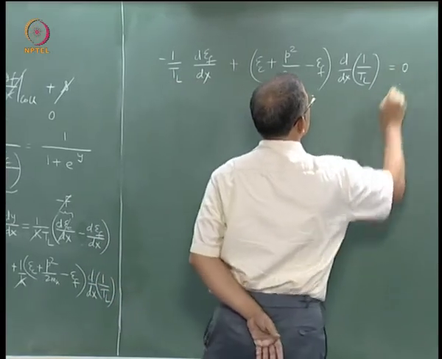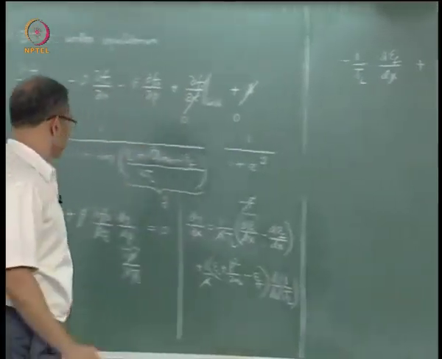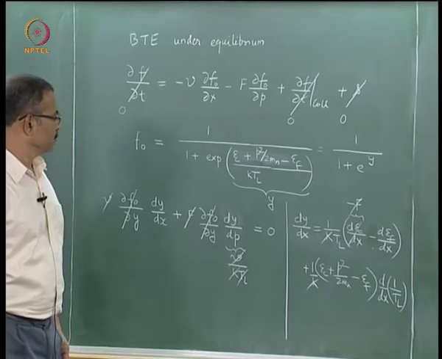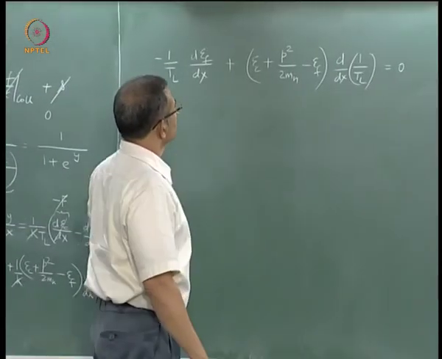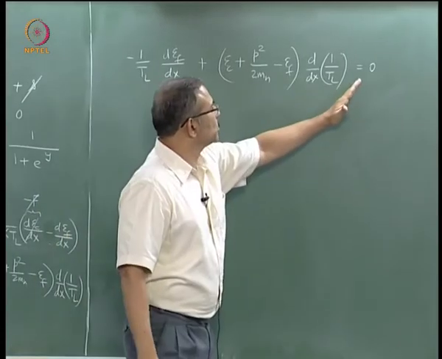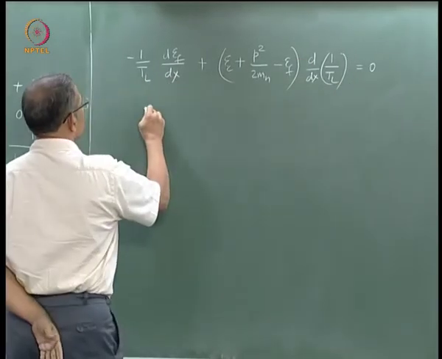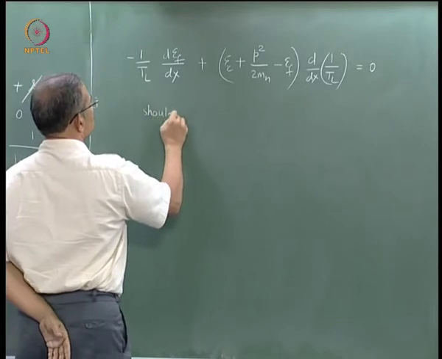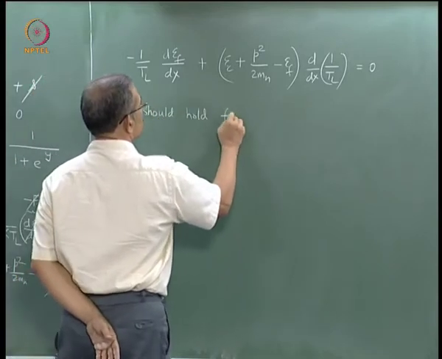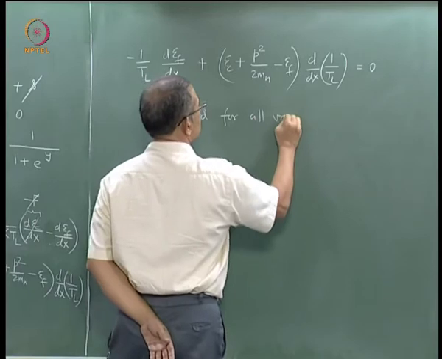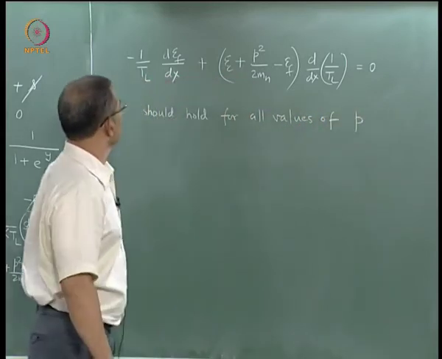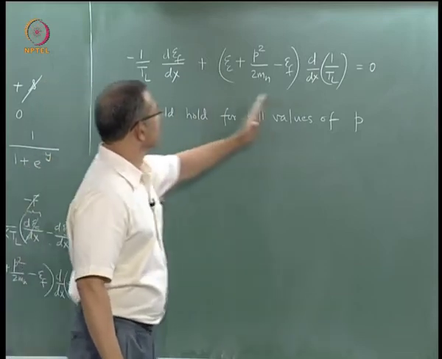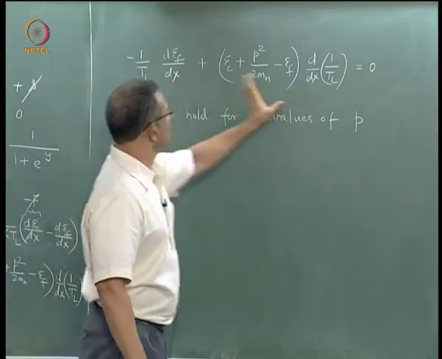And this is equal to 0. Okay. Now, since this relation should hold for all values of p, all values of momentum, the only way you can have this equal to 0 is each of the term should be 0.